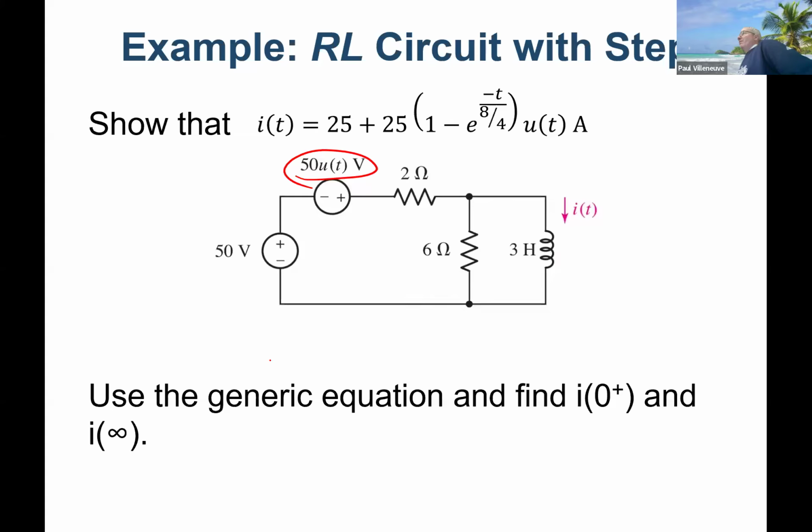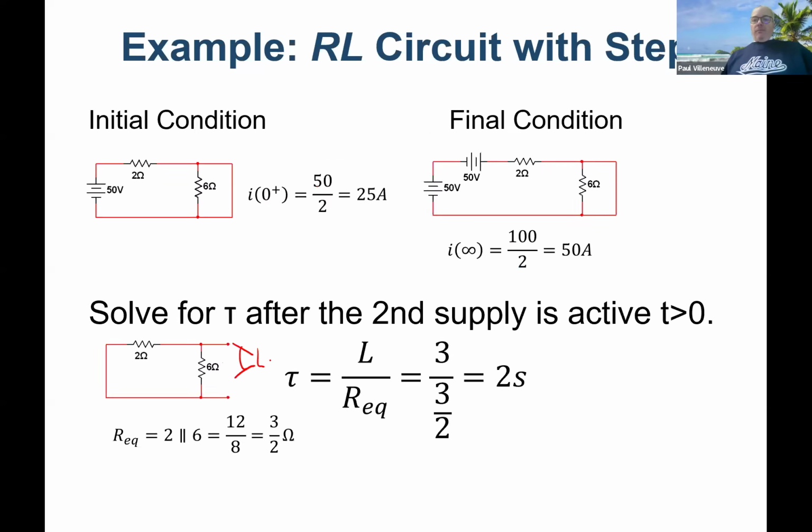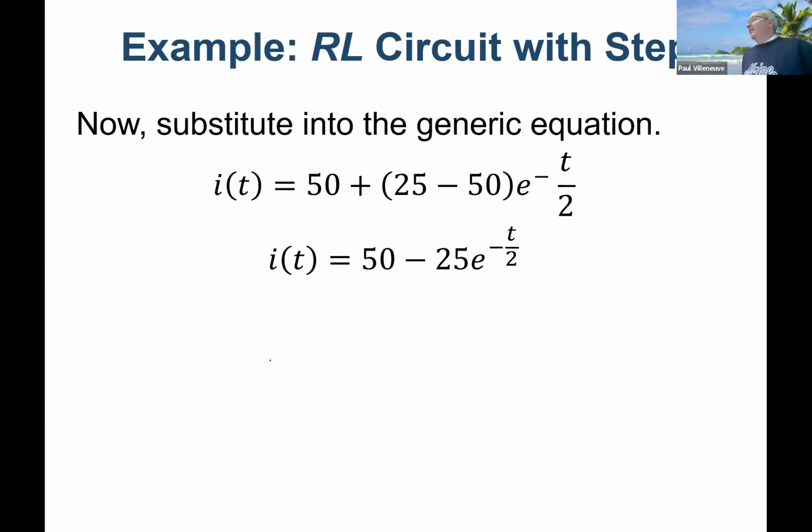If I distribute the 50, that becomes 50 minus 25 e to the minus t over 2, right? 8 over 4 is 2. Yes, they are the same. Did you need your calculator to divide 50 by 2, or 100 divided by 2? The product over sum was a little bit harder because it was a fraction, but if you kept it as a fraction, it wasn't so bad.